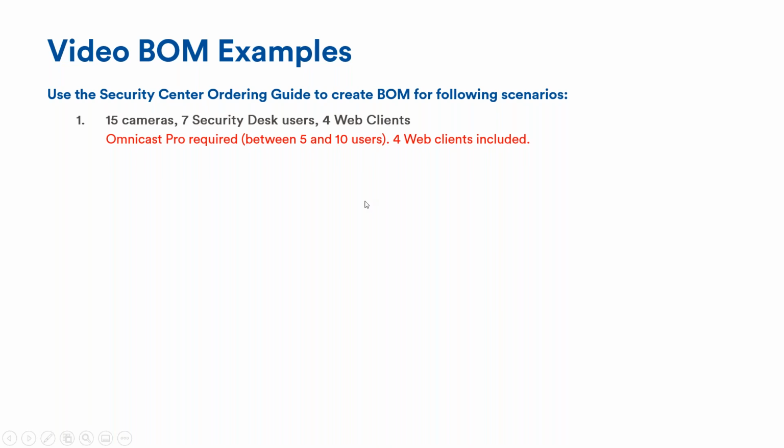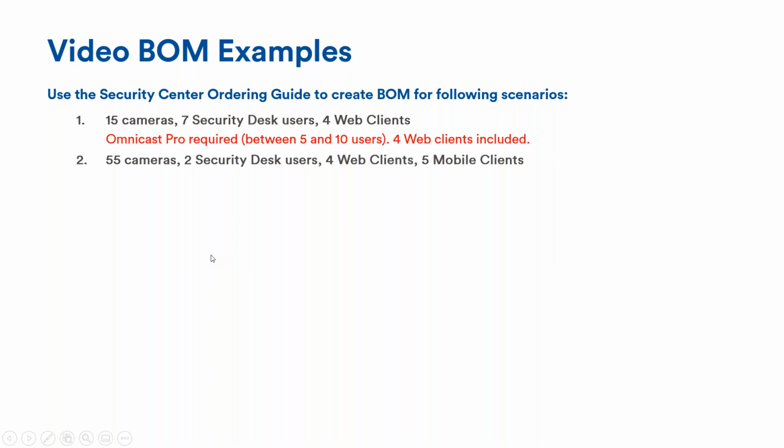But in actuality, a single client connection in a Security Center system includes 1 connection for security desk and a connection for a web client. Okay? So we, in actuality, haven't gone over our 10 user limit for Omnicast Professional.